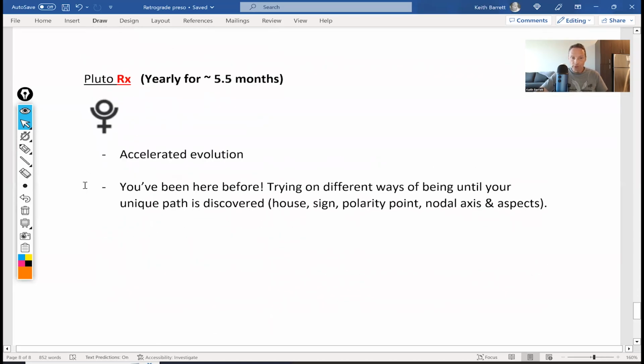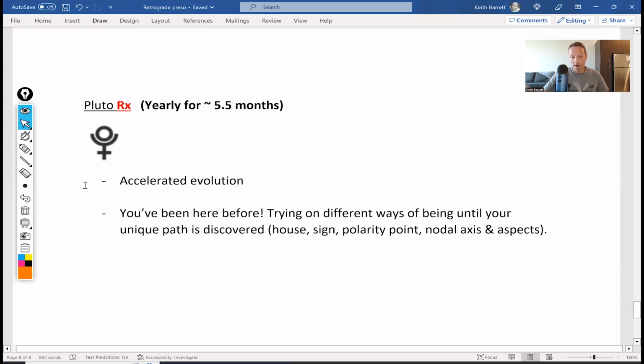And then on to Pluto retrograde, which is the last one I'll cover here. It happens yearly for about 5.5 months. Not uncommon, a little less than half the people born in a year will have Pluto retrograde. And it simply means accelerated evolution.